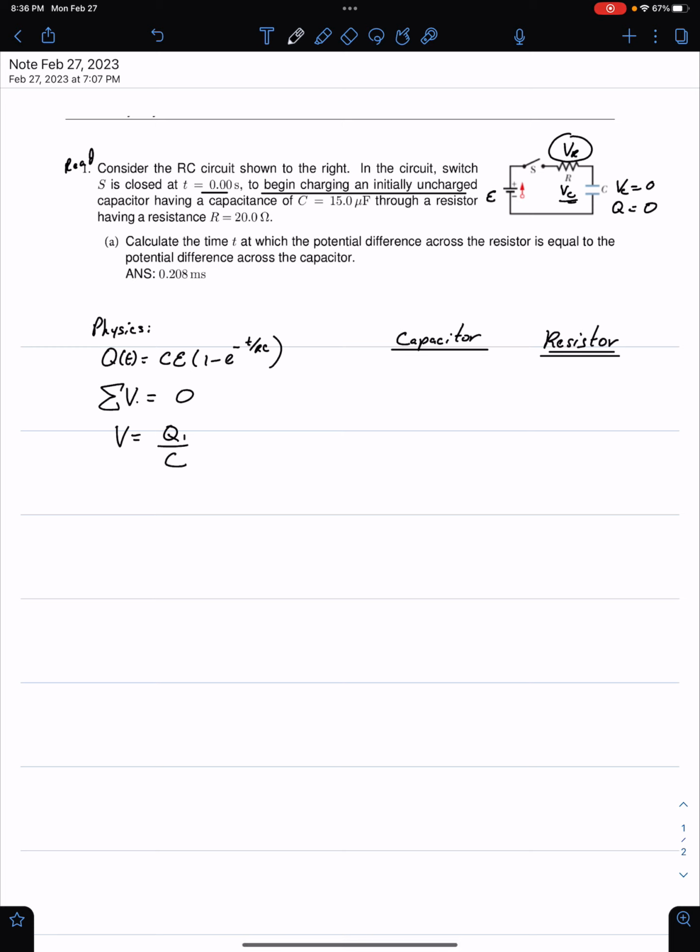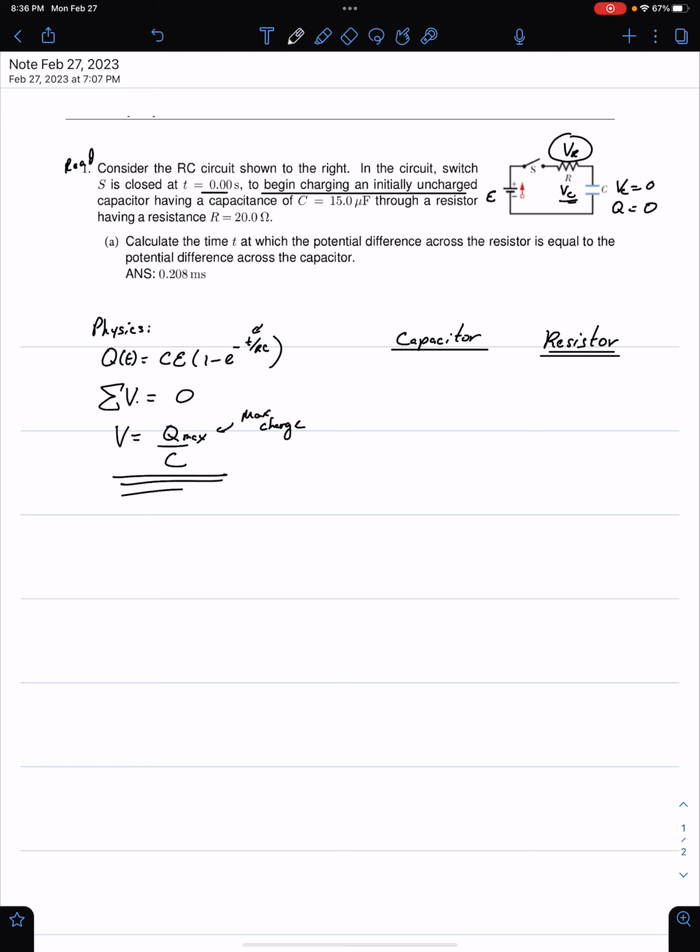This basically means that this is the max charge. What would happen to a capacitor over an infinite amount of time when you're charging it? What you're going to get is the max charge. That is basically what this equation is stating.